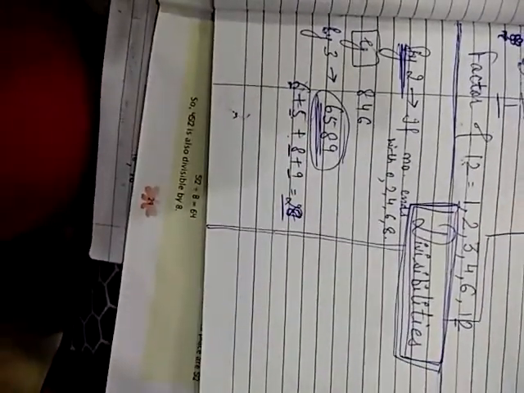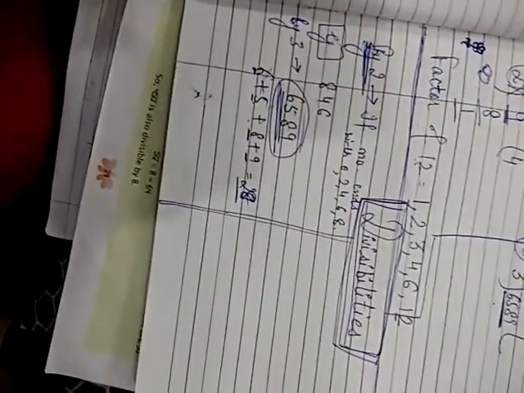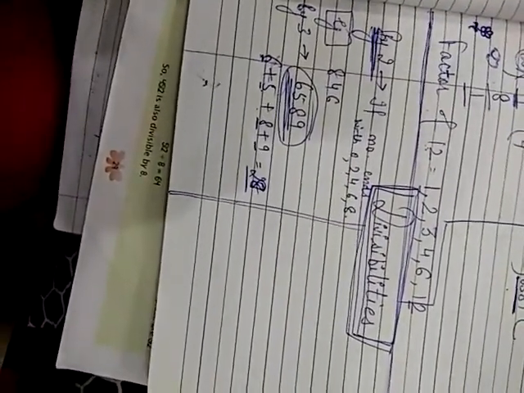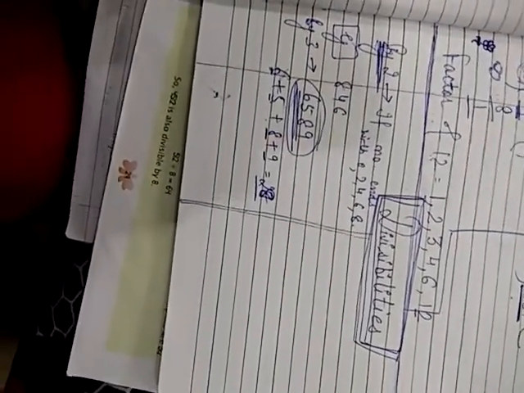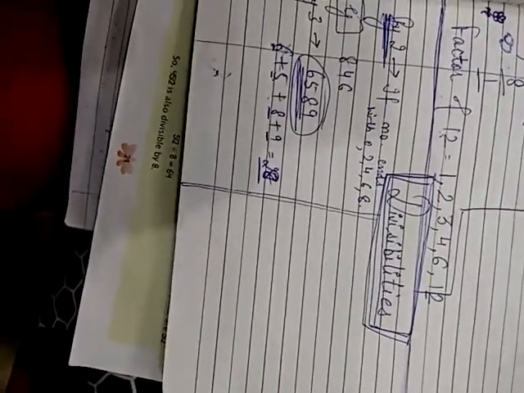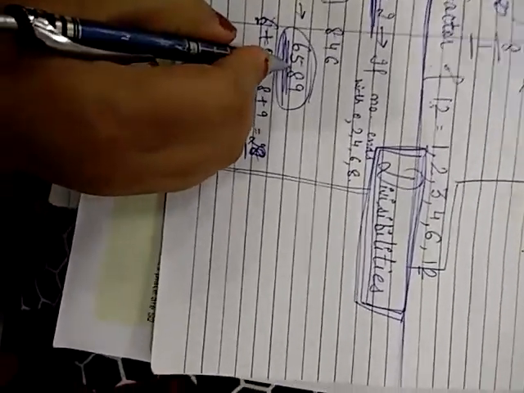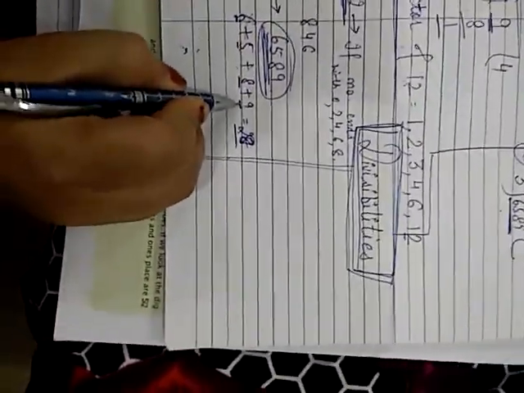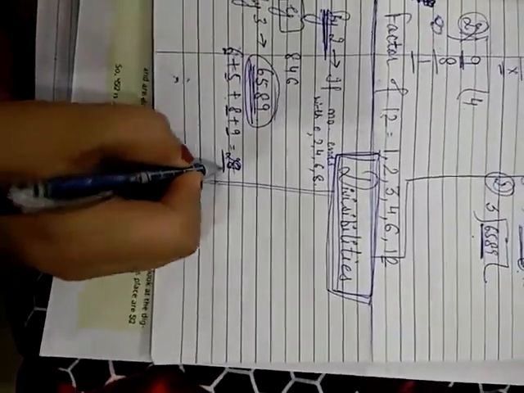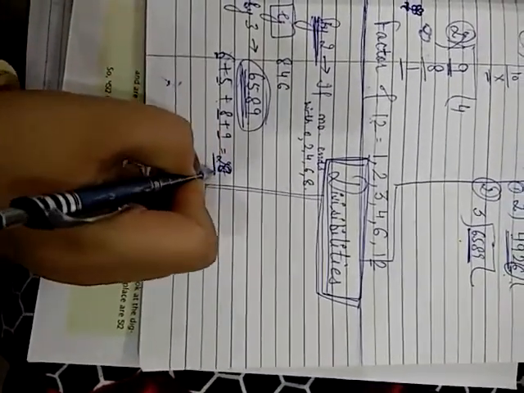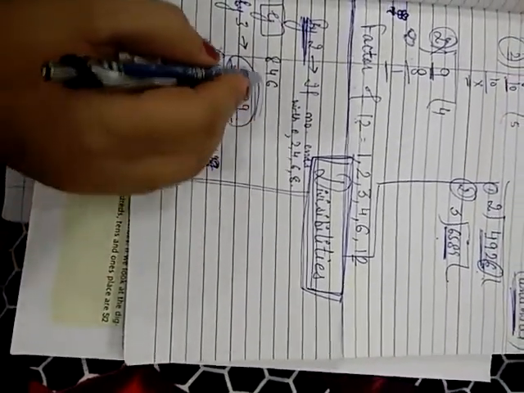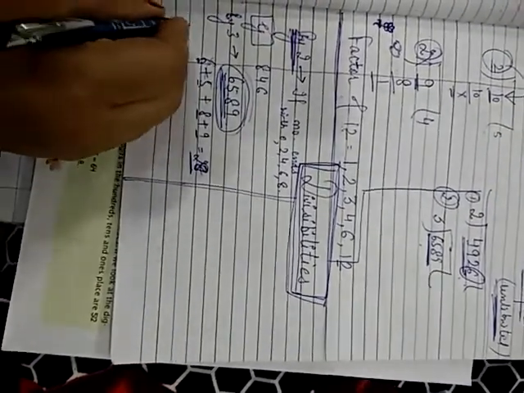If the sum of all digits is divisible by 3, or you can say a multiple of 3, then the number is divisible by 3. For example, 6589. Add all the digits. Here the sum is 28. 28 is not divisible by 3. So this complete number is not divisible by 3.